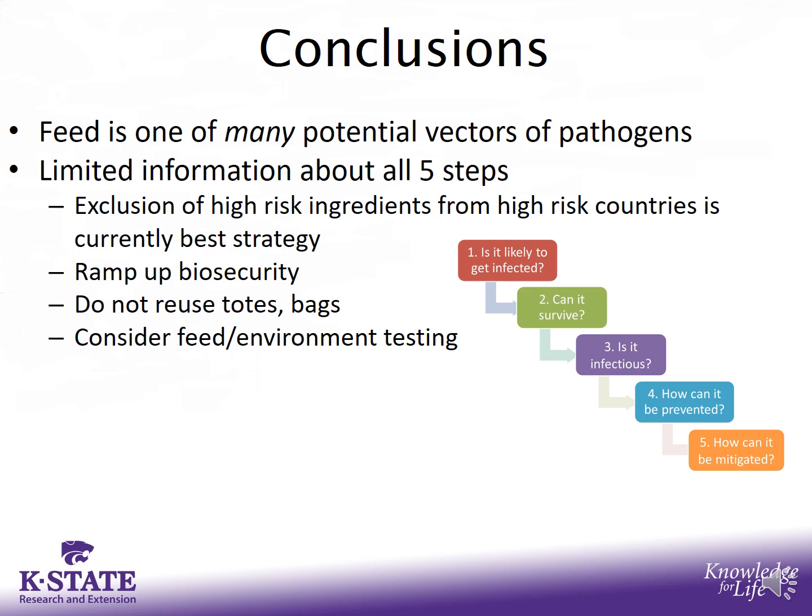Consider feed and environmental testing as a way of understanding what are your opportunities for improving biosecurity within your facility. And consider the role of proactive mitigants. There's limited research as we sit here today in September of 2018, but certainly there's things that we can do to be proactive and both exclude as well as try to minimize any potential transmission as we move forward.